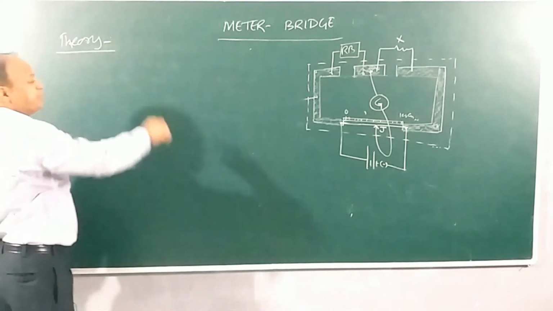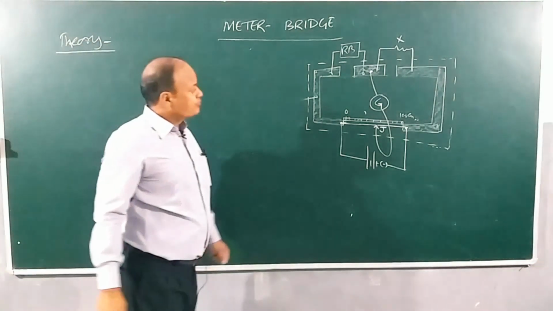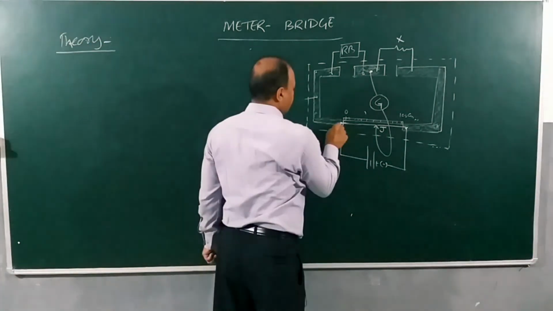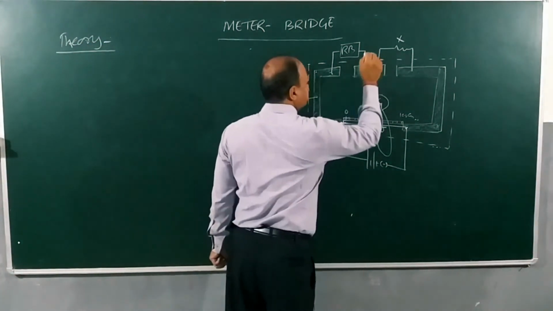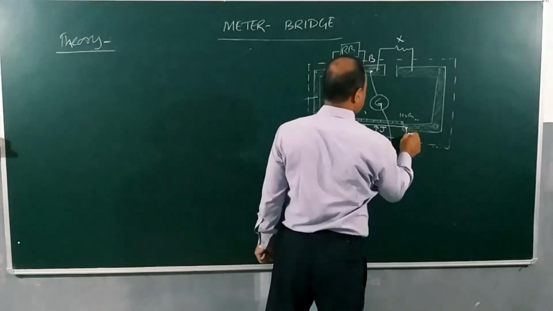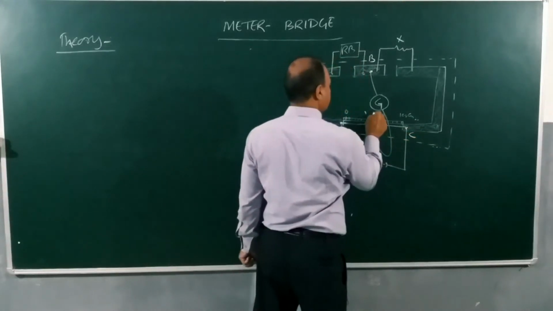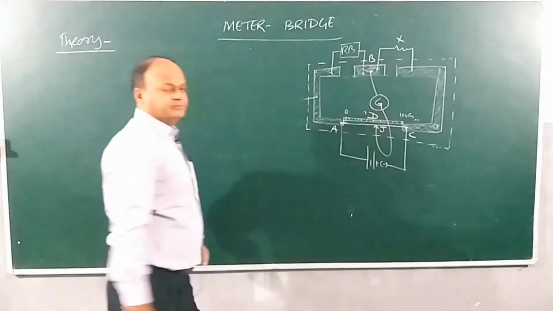Now what is the theory of meter bridge? Let's see. I'll take this point as A, this point as B, this point as C, and when the jockey is being tapped, I'll take this point as D. Clear?